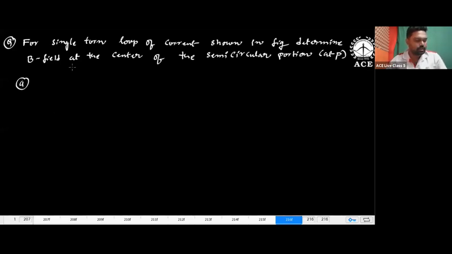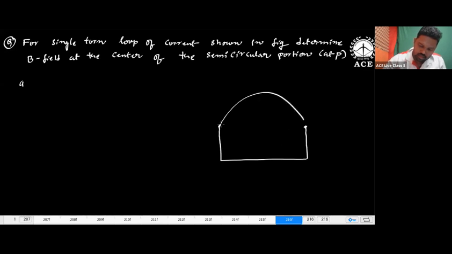Here is a diagram provided. That is the radius R, this is a point P, and the distance from here to here is 2R.